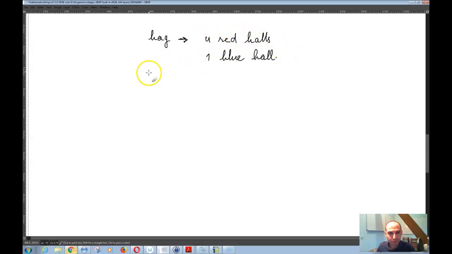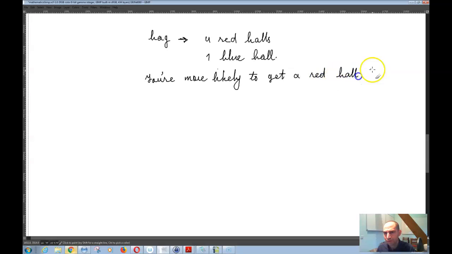So in this experiment you are more likely to get a red ball than a blue ball.